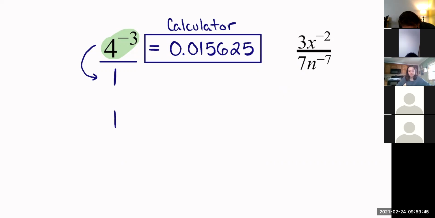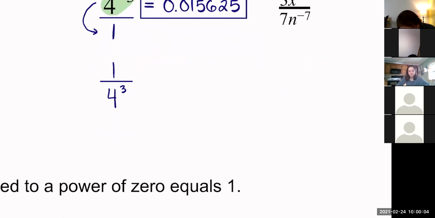So there's now a 1 on top, and with a base of 4 to the power of positive 3 now because of this switch. Well, 4 to the power of 3, that's something I can evaluate. That's more comfortable. That is 1 over 64. 4 to the power of 3 is 64. It now happens to be in the denominator, however.